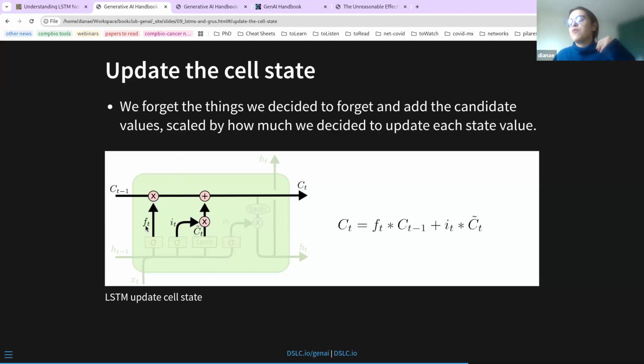With the output from the previous time step, we decide which things we want to forget from the cell state, and with our candidate values from the new input and their associated scaling values from the sigma function in the input gate, we decide how we're going to update the values in our new cell state. Okay, so that's the function of the input gate, combined with the previous one, the forget gate.